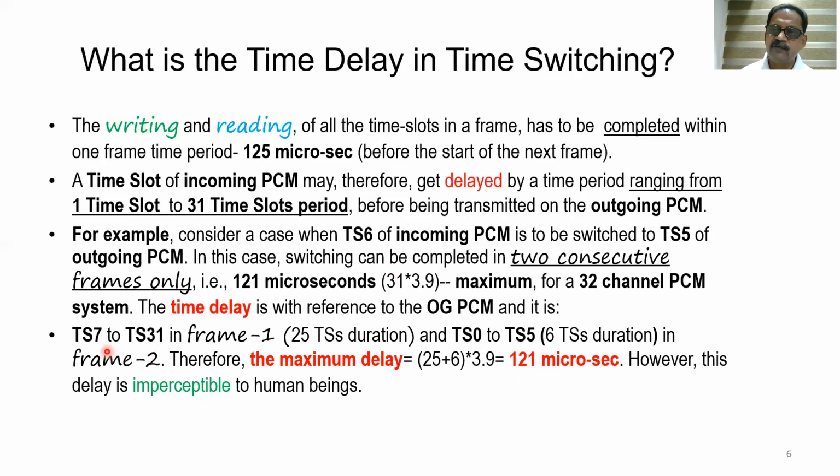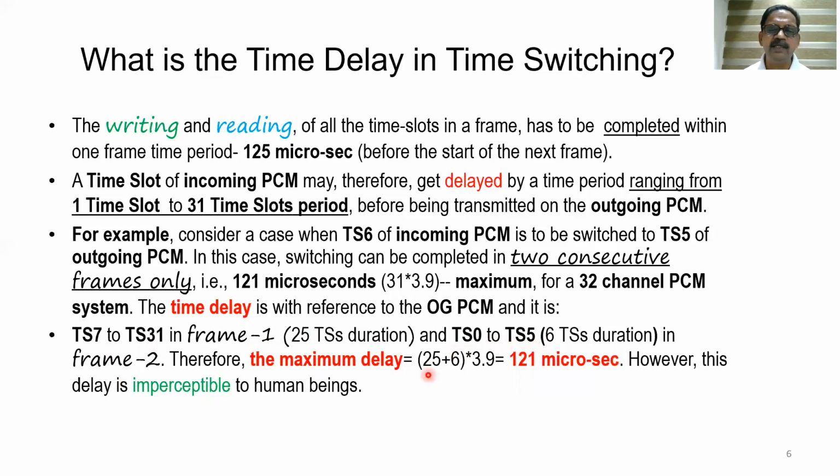In frame 1, TS7 to TS31. How many time slots is that? 25 time slots duration. In frame 1, it has to wait. In the second frame, it has to wait from TS0 to TS5. That is 6 time slots duration in frame 2.